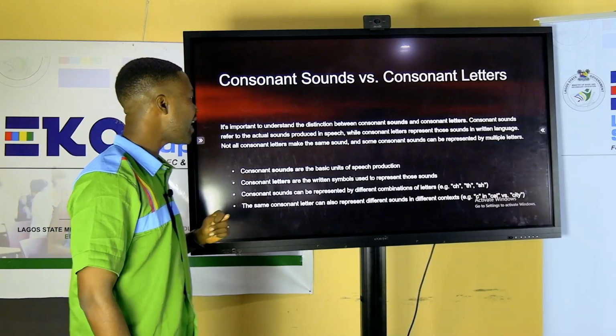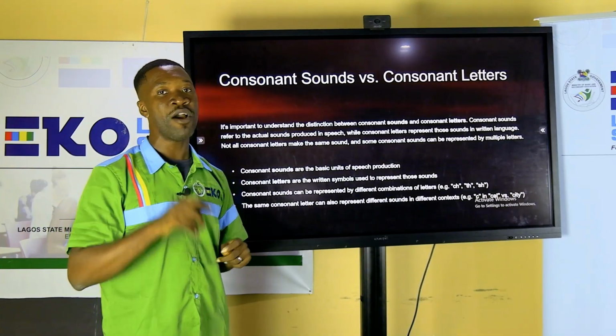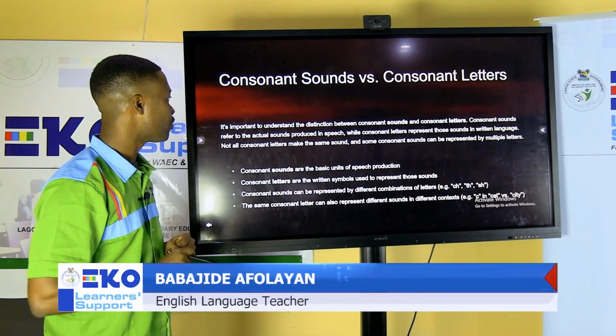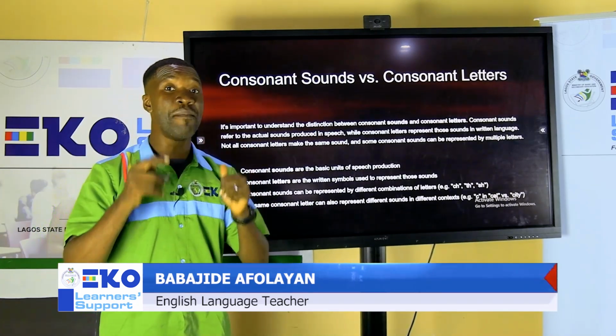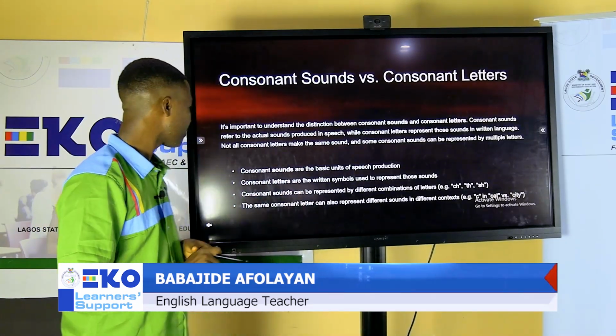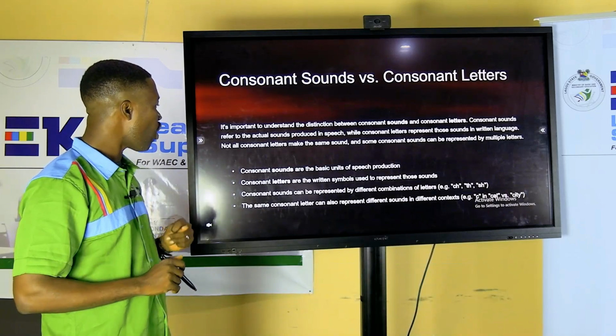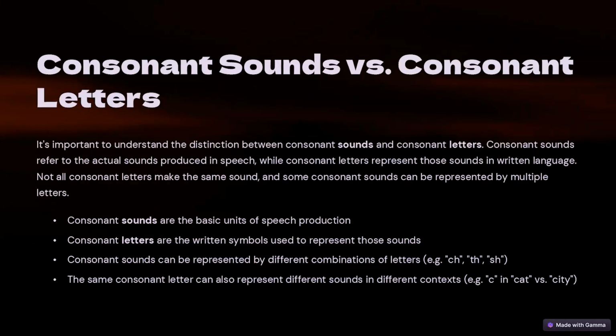Not all consonant letters make the same consonant sounds, and some consonant sounds can be represented by multiple letters. Consonant sounds are the basic unit of speech production. Consonant letters are the written symbols used to represent those sounds.